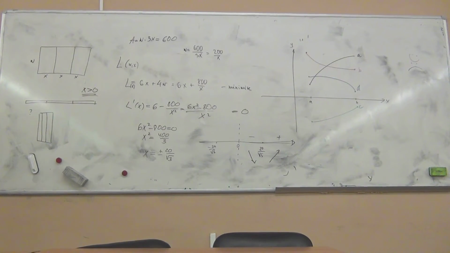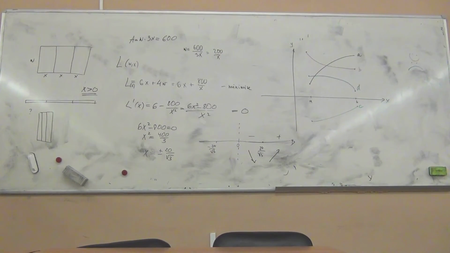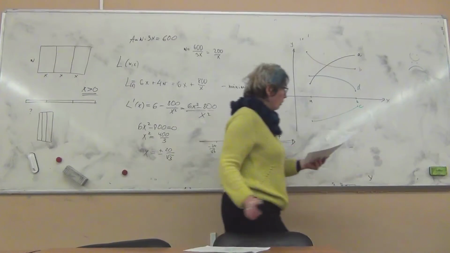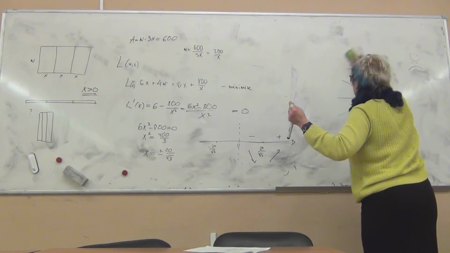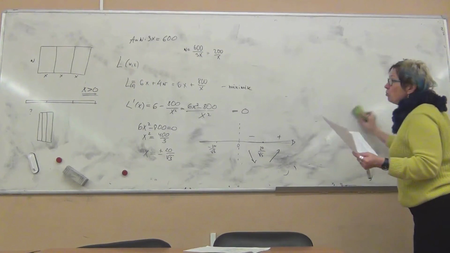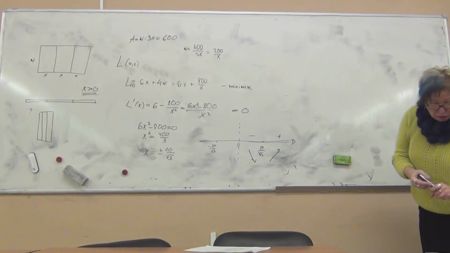Or we might simply have something abstract. For example, the fifth exercise: the sum of two numbers is given, it's 18. The sum of the first number squared and the second number doubled is the least possible. So it doesn't have to deal with areas or volumes or geometry. It could deal with numbers.